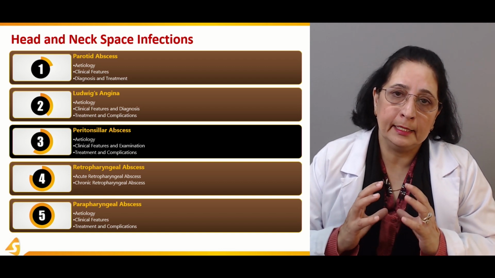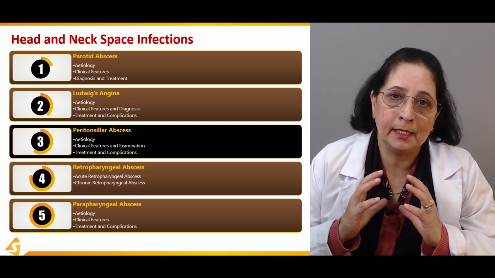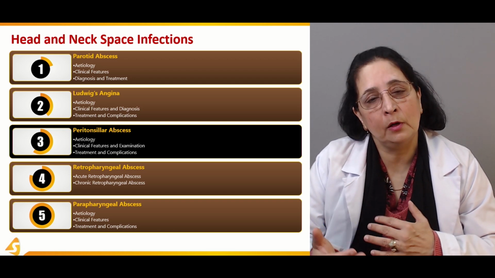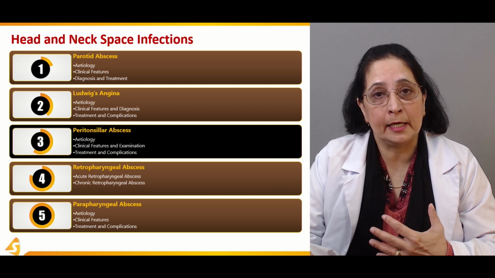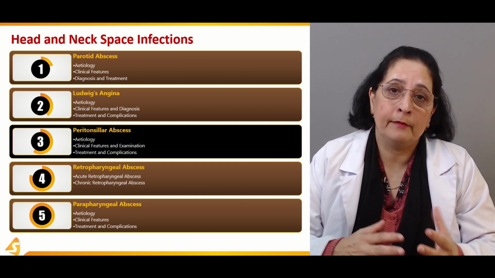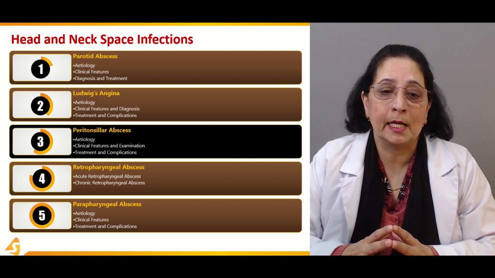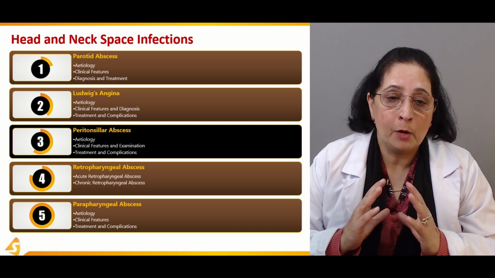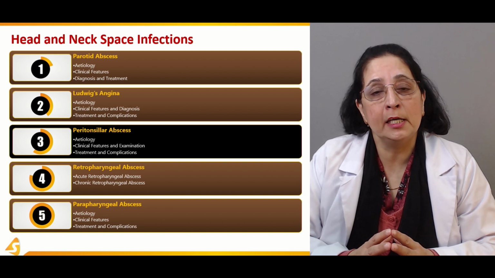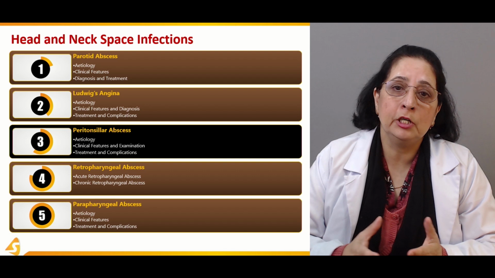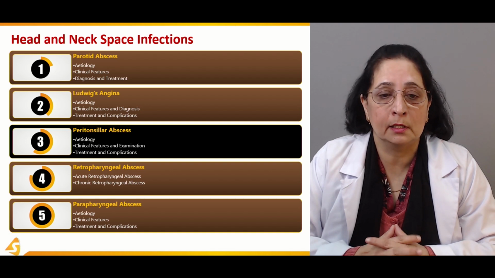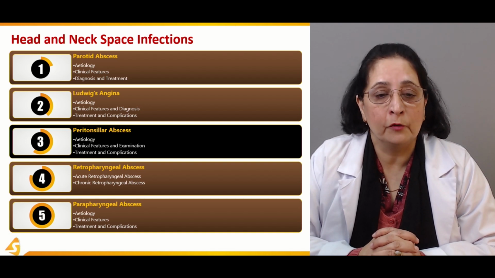Tonsils are the lymphoid tissues present in the oropharynx. We already discussed in detail in our previous lectures that we have acute and chronic tonsillitis and complications. And one of them is the peritonsillar abscess, or abscess formation around the tonsils and in the tonsillar fossa.